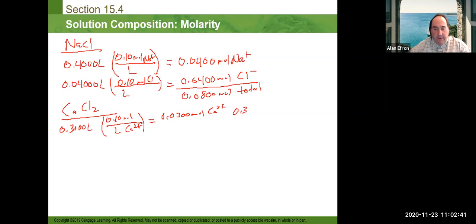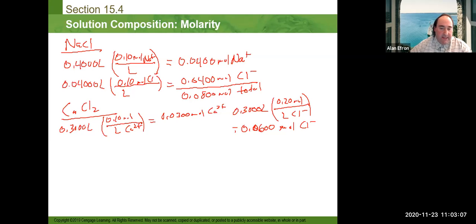So 0.3 liters times our chloride, which remember was 2 times the concentration. So that is 0.2 moles per liter of chloride. And that's going to get us 0.3 times 0.2, 0.06 moles.